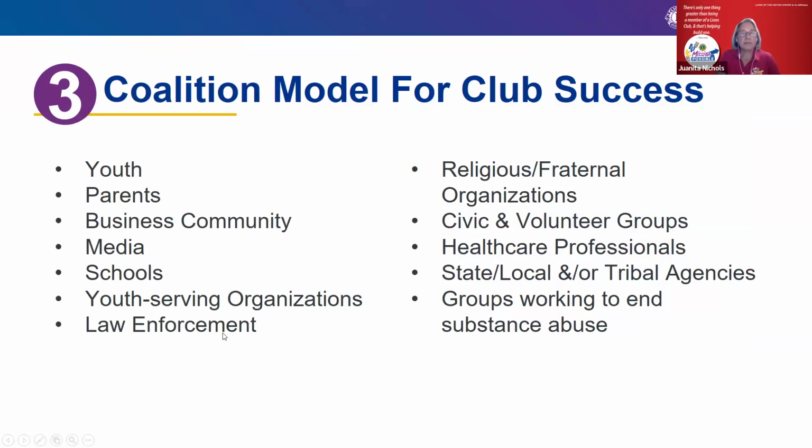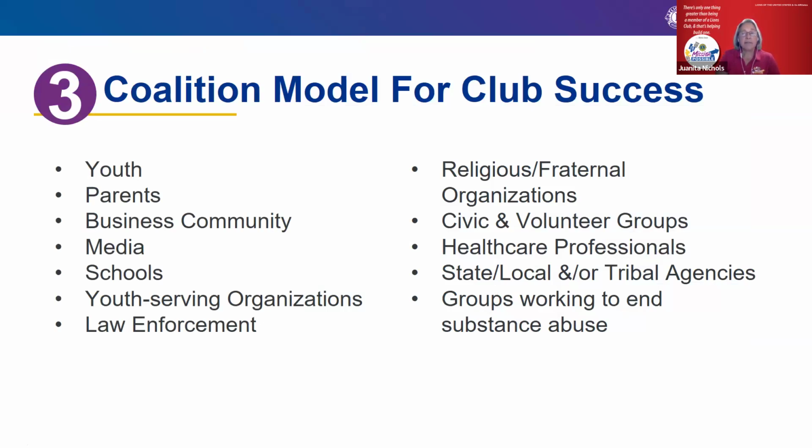So here's the coalition model for club success, involving groups with youth, groups with parents, the business community, media. You have radio, TV stations, other sources, the schools, youth serving organizations, law enforcement.